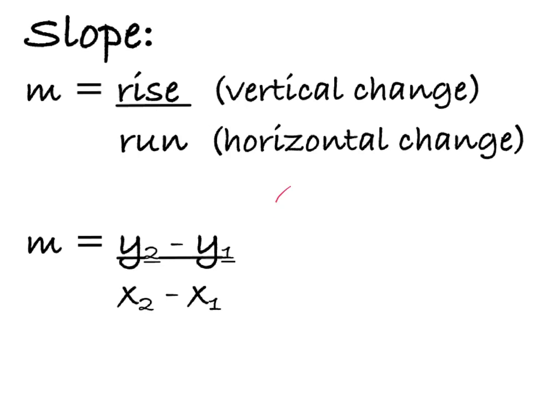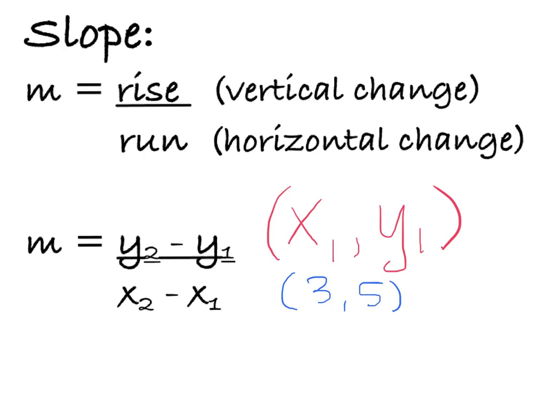So these numbers right here, the 2s and the 1s, those would represent the ordered pair. So for example, if I have two ordered pairs, my x value always comes first, my y value comes second. So here my ordered pair is x sub 1 and y sub 1. Now I might go ahead and fill that in with numbers like 3 and 5. And I would put 1s here just because it's my first ordered pair.